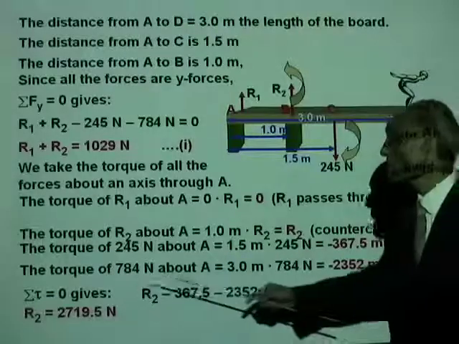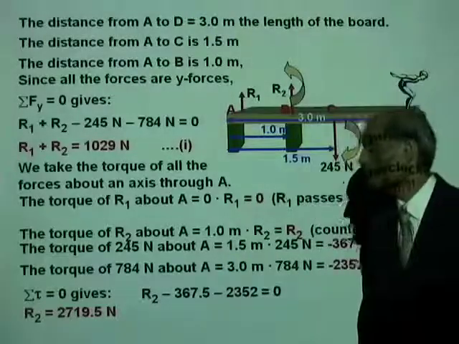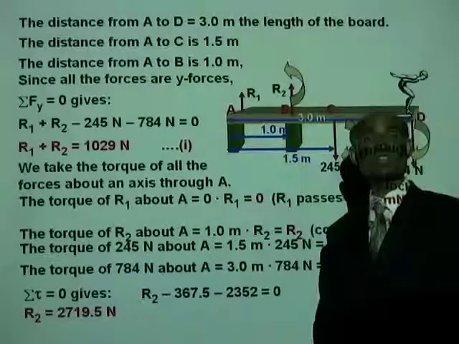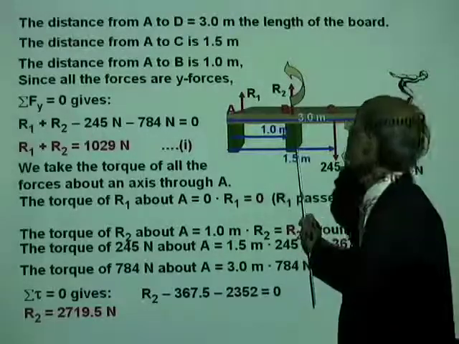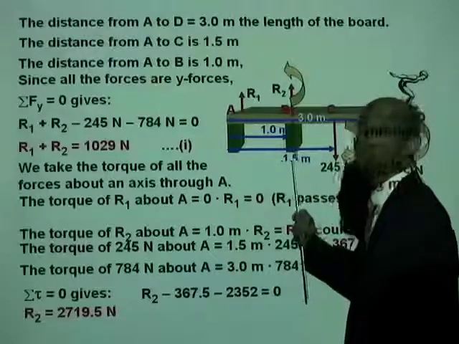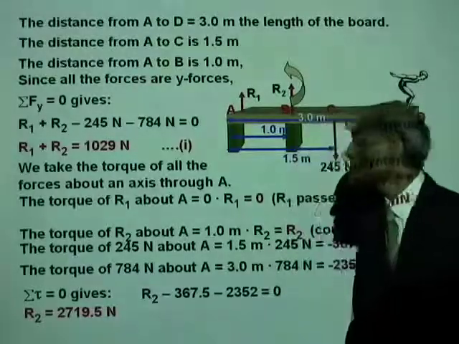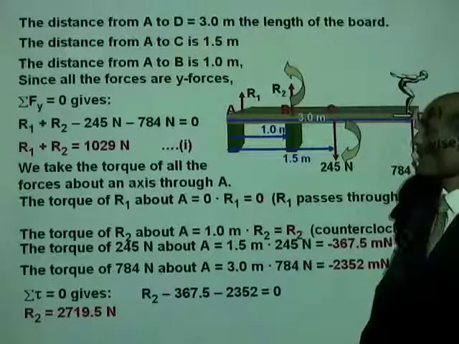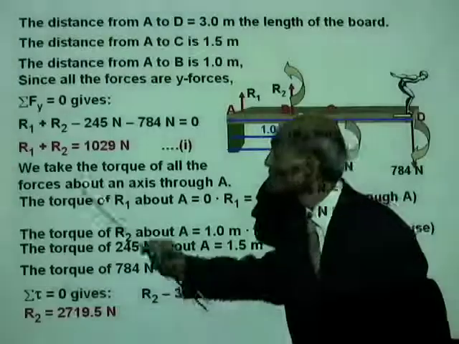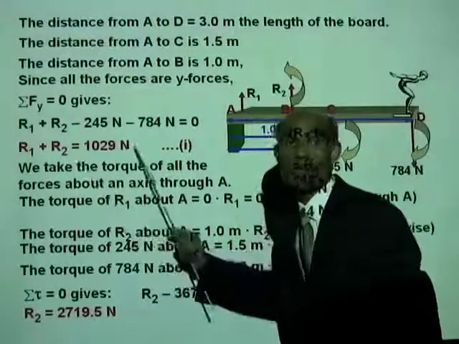And that gives you R2 equal to 2,719.5 Newton. So the reaction force on the second support is 2,719.5 Newton. Once you know R2, we can go to equation 1 and solve for R1. Let's do that.